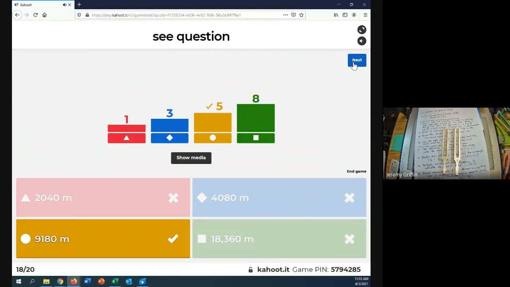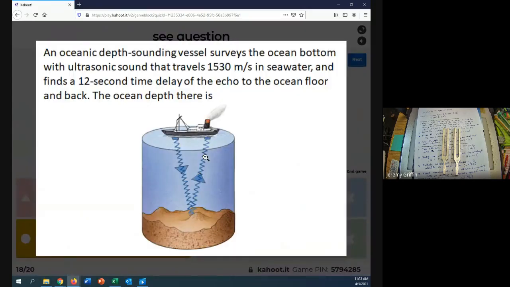Okay, so I got 5 winners on this one. I'm gonna try the show media trick. I played all these years teaching, I never saw that show media button.